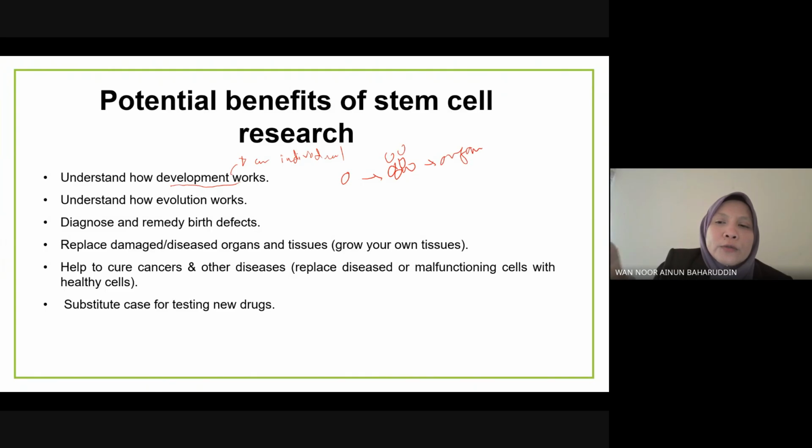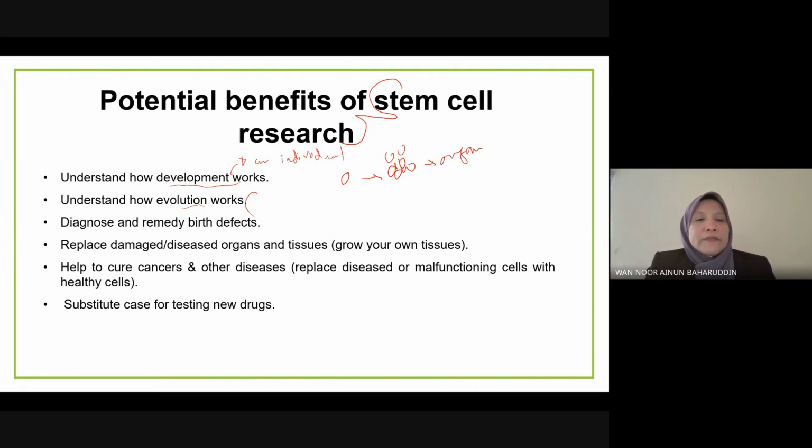So we can learn and understand how it is work. And how the evolution also daripada dulu kenapa kita ada perbezaan dan kenapa ada types of inheritance yang berbeza. So these are benefits untuk stem cell research.